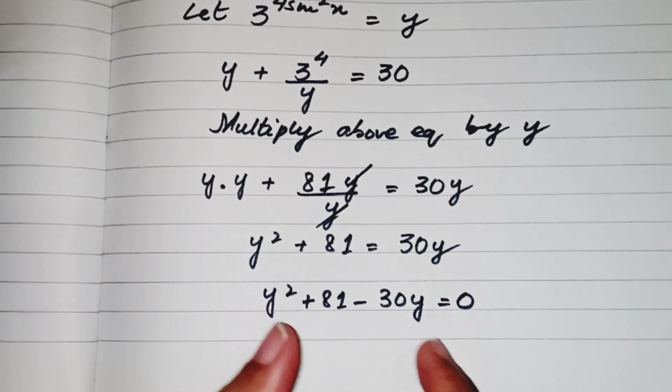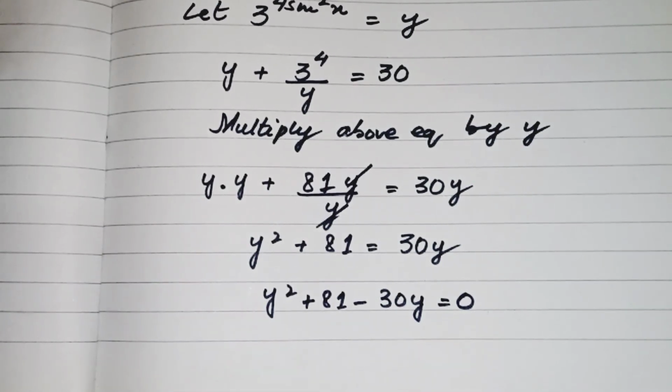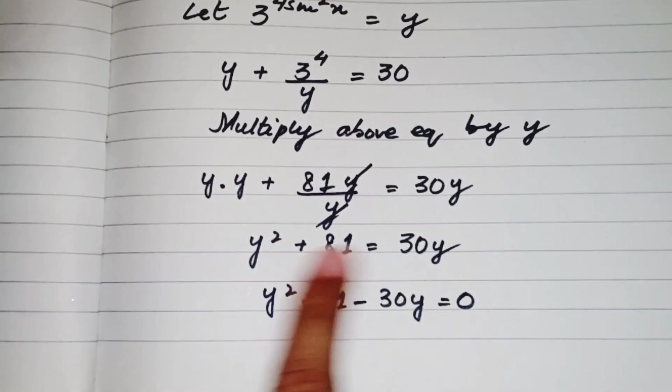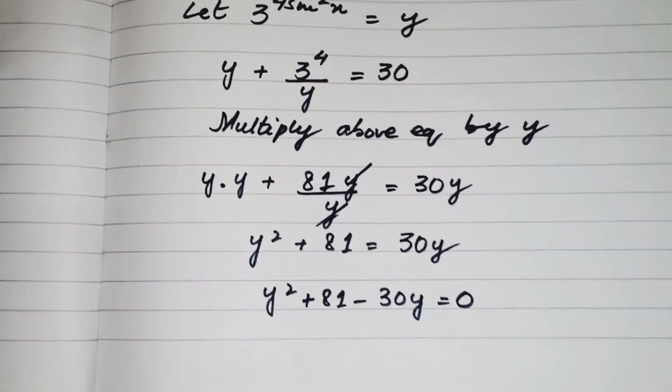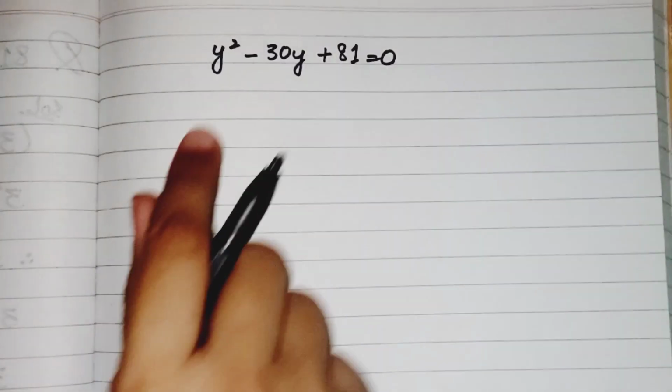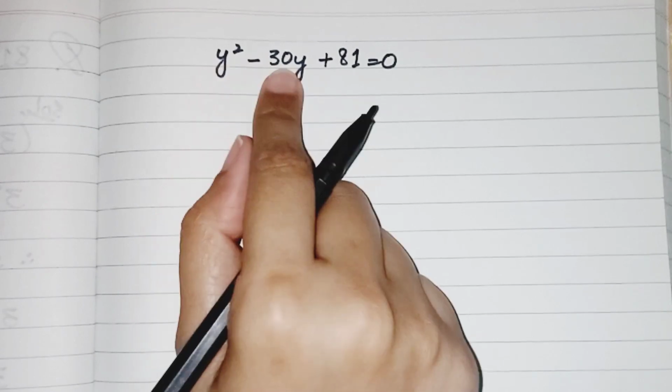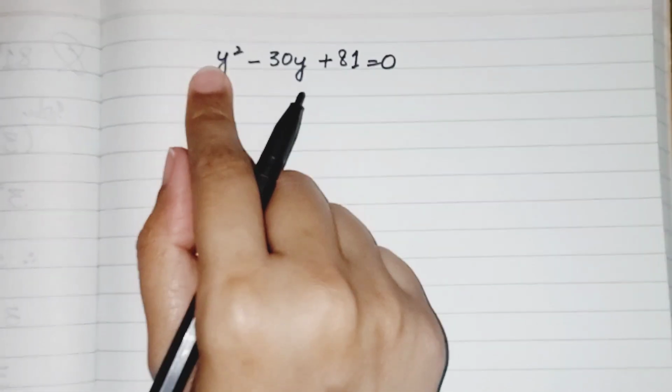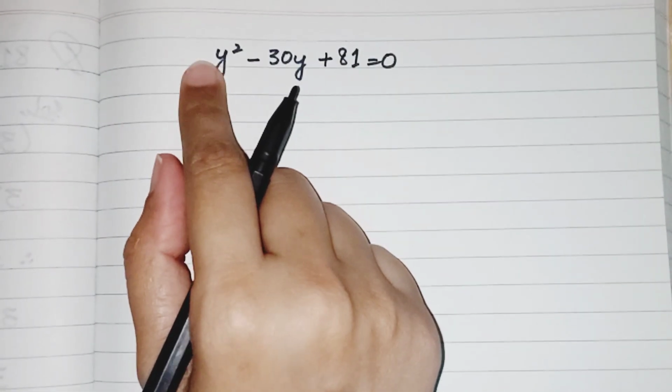Now this is a quadratic equation and we have to find the factors so we can solve it. But first of all I have to rearrange this equation. Okay, so here we have the equation rearranged. We have to find the factors of 81 because y² doesn't have any coefficient.